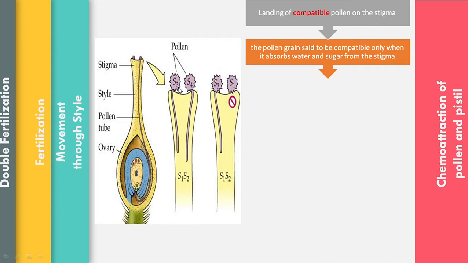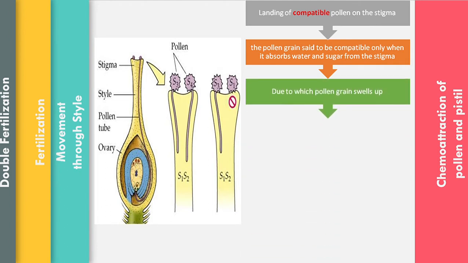If the pollen grains are compatible, meaning they are of the same species, then only they will absorb the water and the sugar from the stigma. If they absorb the water and the sugar, then they are known as compatible pollen grains.